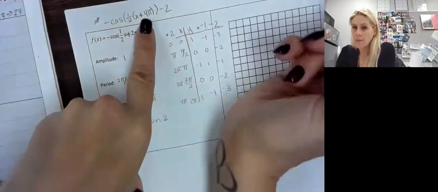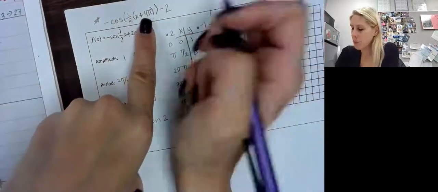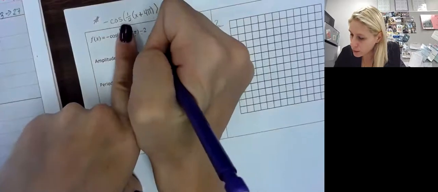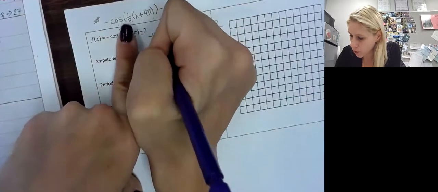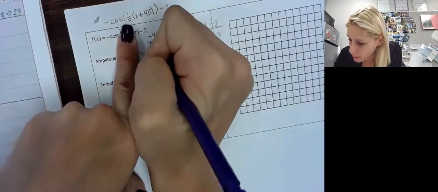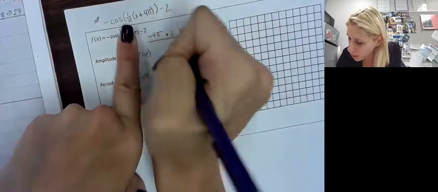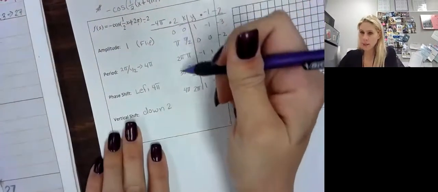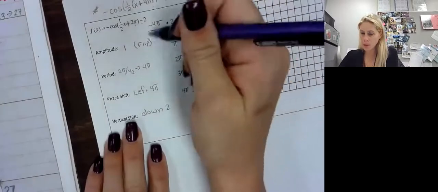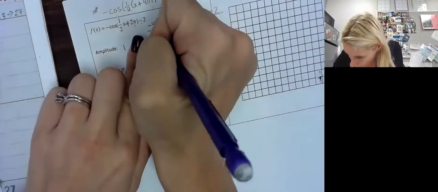All right, here we see adding 4 pi, but what are we going to do to it? We're going to subtract 4 pi. So we got to do the opposite. Remember to take these values first, and then we're subtracting the 4 pi. So 0 minus 4 pi is a negative 4 pi.